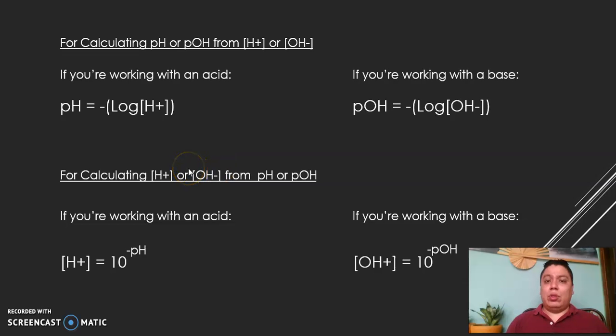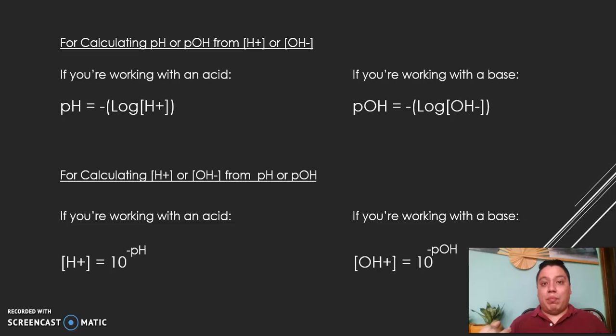Okay? Those are the formulas that you need to calculate whatever you need. In the next video, in your next part of this lesson, I'm going to teach you guys how to use these formulas. These formulas are interconnected between one another. And you can find whatever you want with them. You can find the concentrations of hydrogen or hydroxide.